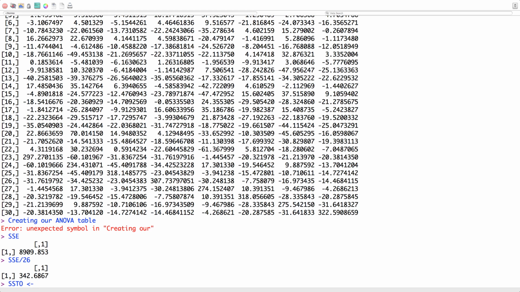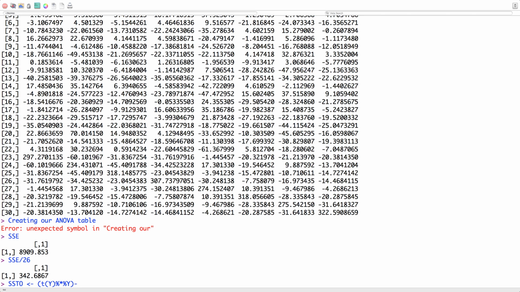And the sum of squares for the total takes the transpose of y times y. I don't think it would be an issue if I did that, but because I am overprotective of stuff like that, I'm going to put that in parentheses.